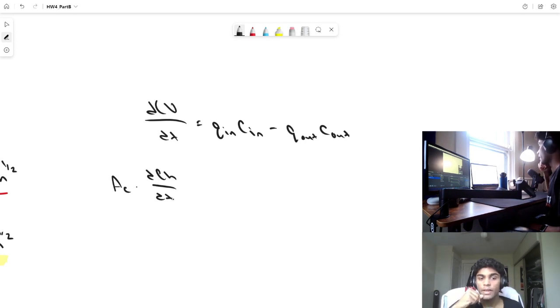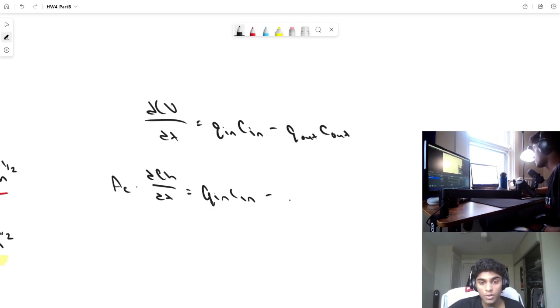And what that denotes is that now we are looking at the cross-sectional area times the rate of change of the concentration with height. Now this is going to be equal to Q in, C in. This is a flow rate that is initial. This is a concentration that is initial. So these are values that we should have. Minus, now Q out. Well, actually, let's talk about the concentration first.